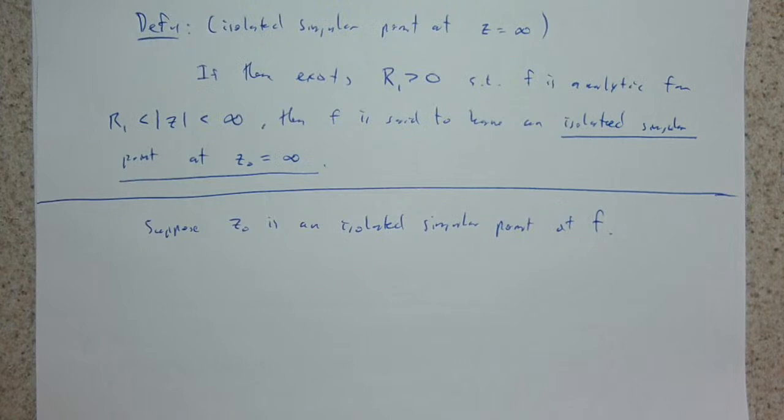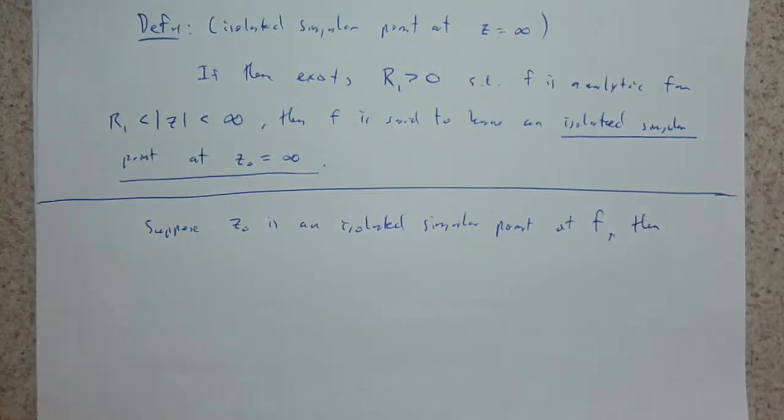Okay. Well, since it's an isolated singular point of f, that means that there exists some deleted neighborhood of z naught on which f has this Laurent series expansion, right?